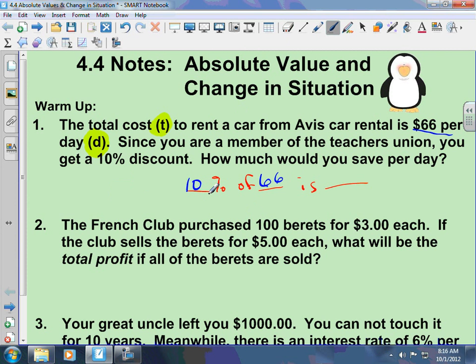What's 10% times 66, kids? What is it? $6. So it's actually $6.60. So you're going to save $6.60 per day. That's how much you save per day. If they want to know how much you spent per day, you would subtract that from $66.